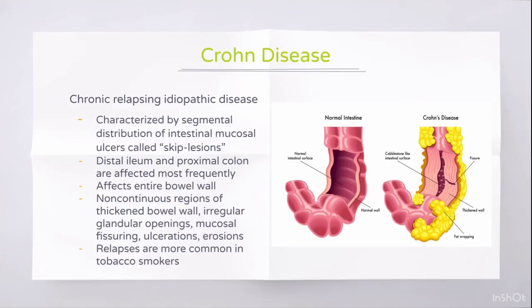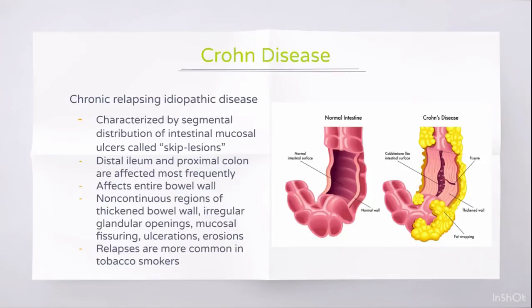As for Crohn's disease, it is a chronic relapsing idiopathic disease. It is characterized by segmental distribution of intestinal mucosal ulcers called skip lesions. It is located in the distal ileum and proximal colon, where it is most frequently affected. It affects the entire bowel wall.